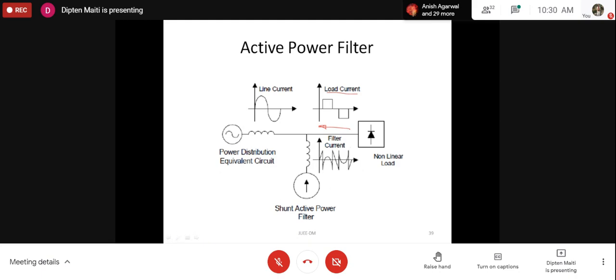Now if we can locally supply a filter current like this, as shown by the filter current, which is just opposite to the harmonic load current, and the filter need not supply any fundamental, it can supply all possible harmonic current to the nonlinear load.